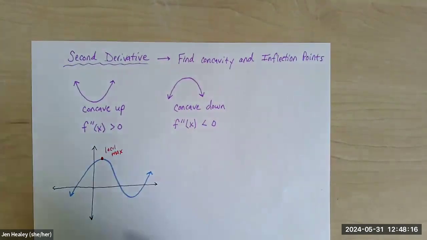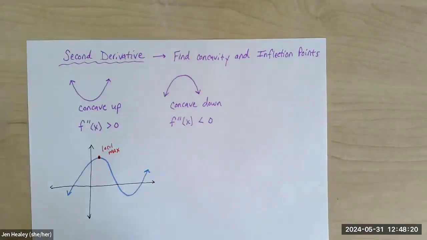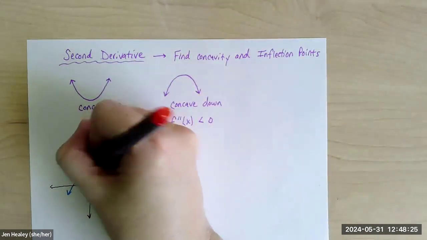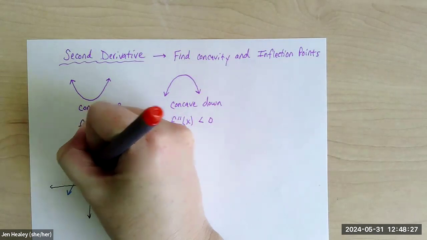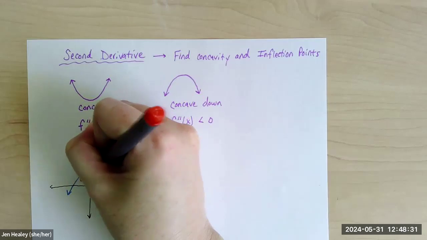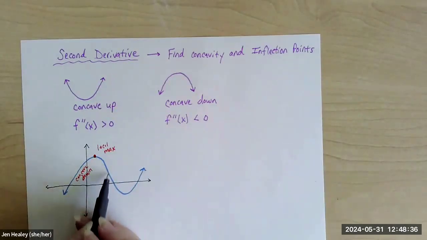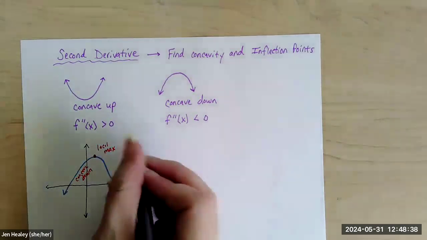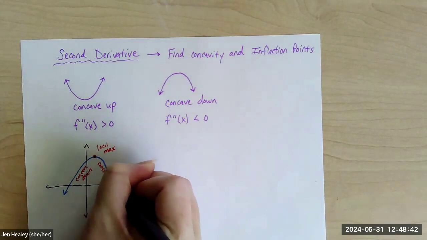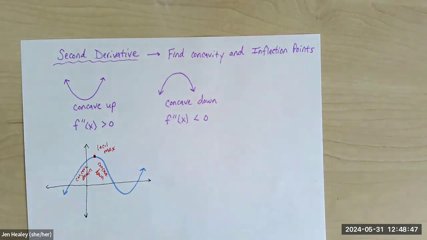And until we hit that local max, we're actually concave down on that graph. But when I turn around, I'm also concave down for this part of the graph as well. This is also concave down. Concave up once we hit the local min.